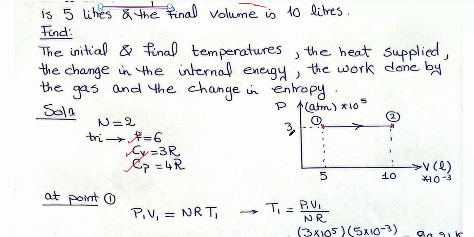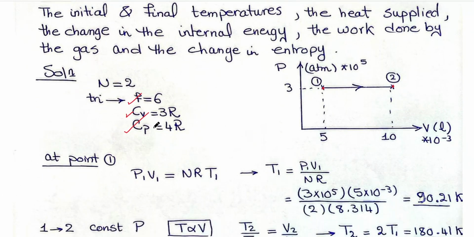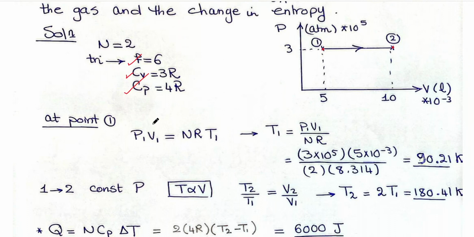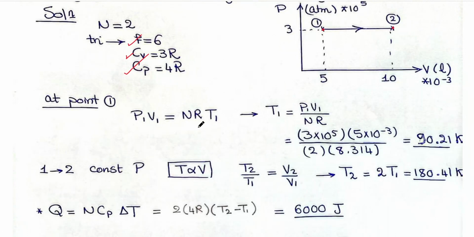We have pressure and volume, and also the number of moles is known. So I can simply substitute in the state equation P1V1 equals nRT1. The only unknown is the temperature, so P1V1 over nR, and after conversion of the units, you can find the temperature. What you calculate is in Kelvin.